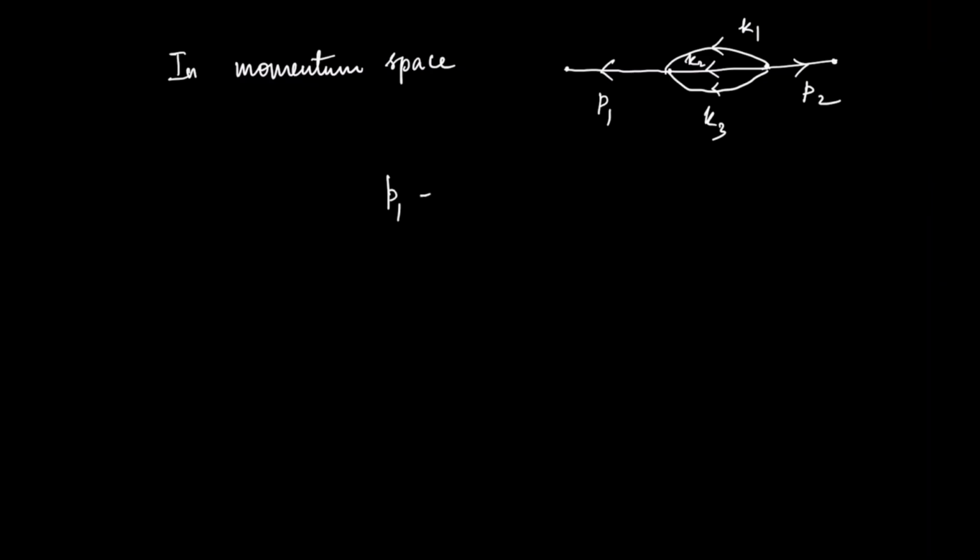P1 is equal to, so you can see that at this junction P1 can be written as K1 plus K2 plus K3, and in the other junction you can write P2 is equal to minus K1 minus K2 minus K3.